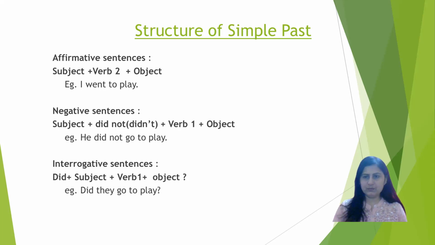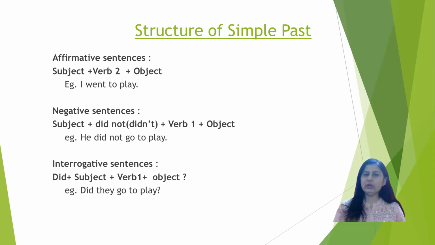Here he is the subject. After he, we will use did not for negative and then the object, go to play, and we will use the first form of the verb, that is go, not the second one like in affirmative. In affirmative we will use the second form, but in negative and interrogative we will use the first form of the verb, that is go. He did not go to play.